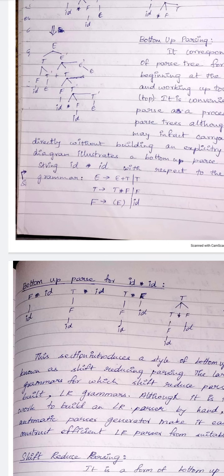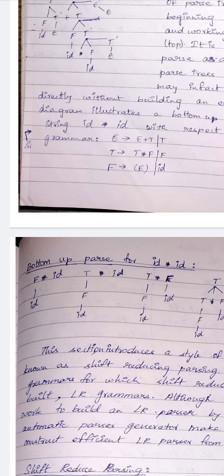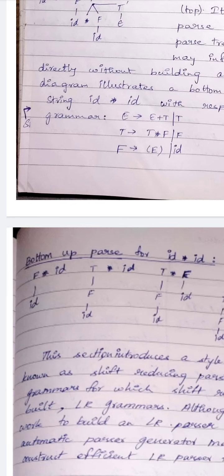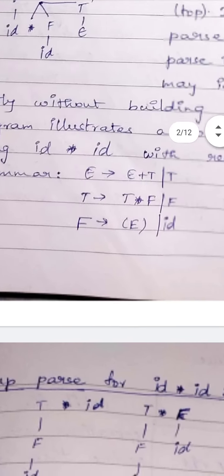See here, we are going to start from id * id. We start from the leaf and move towards the root node. First we take the id and reduce the id into capital F. This is the first step that we are performing here, and this is the production that we are using.